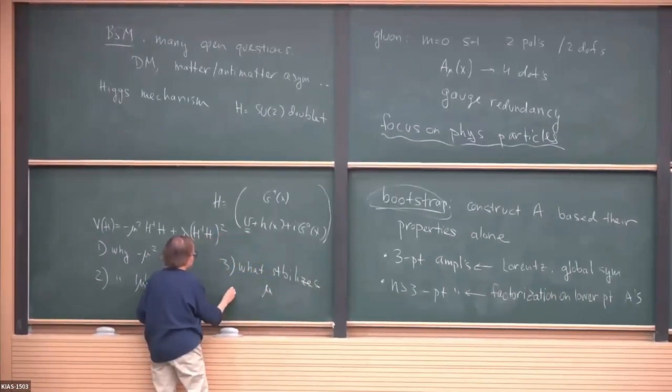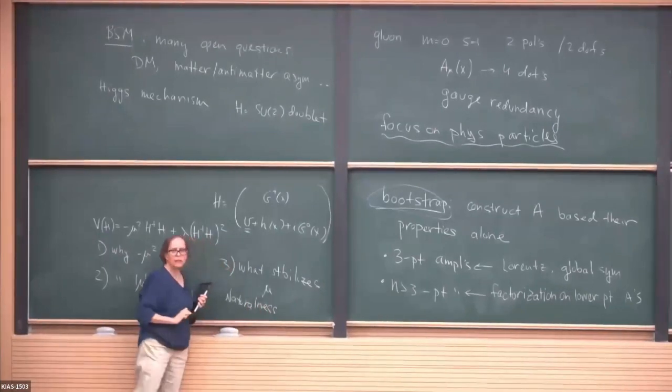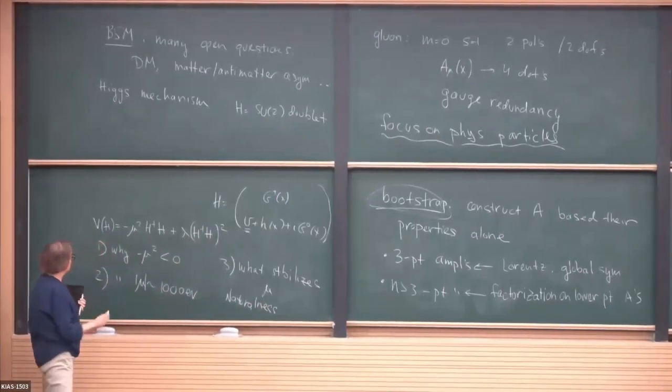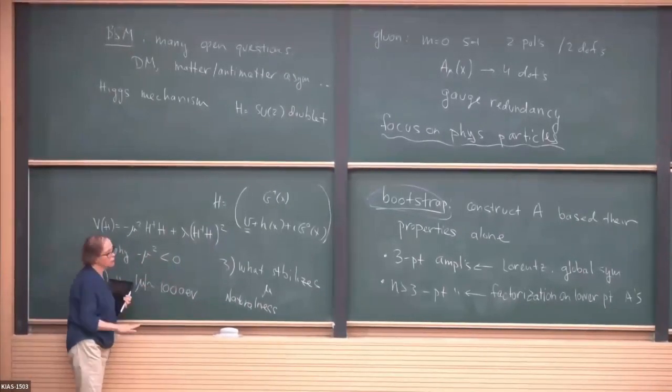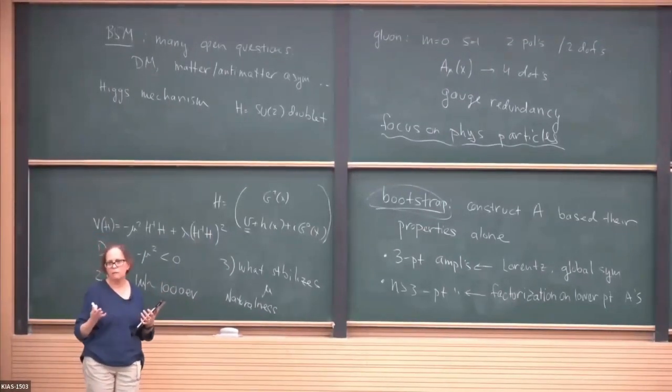And this, of course, goes under the name of naturalness or fine-tuning or the hierarchy problem. So all these things have absolutely no explanation. And it's just something that we write as an effective description.